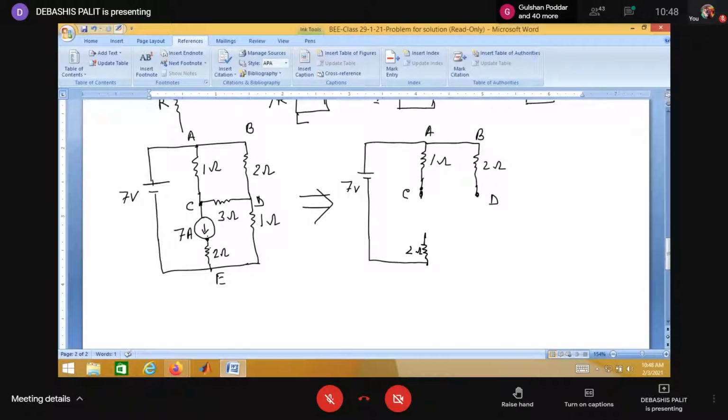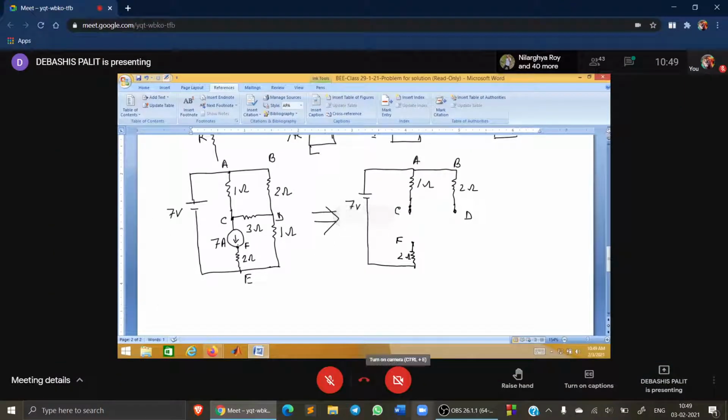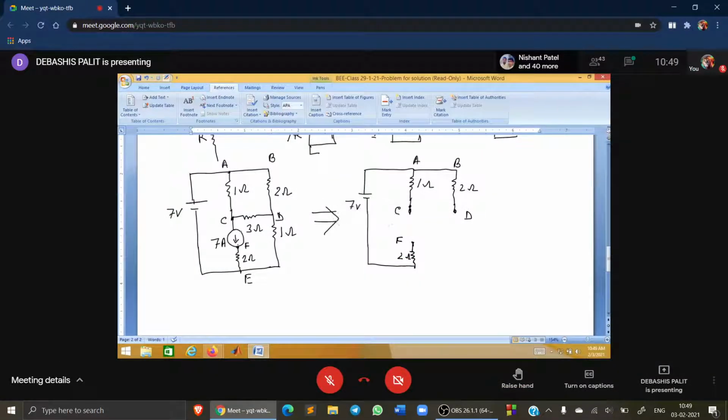I'm marking this point as F. So there is a point F. The current source is in between point C and point F. So this current is driven by this source. I can equivalently consider that current is driving from point C to point F.